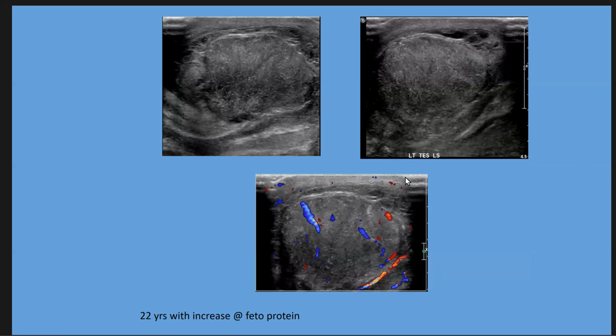Here, another patient with a large heterogeneous tumor with increased flow, involving the left testis, and the patient has elevated alpha fetoprotein. The patient is 22 years old, and the mass is infiltrating the tunica vaginalis and involving the epididymis. This was proved to be a mixed germ cell tumor.